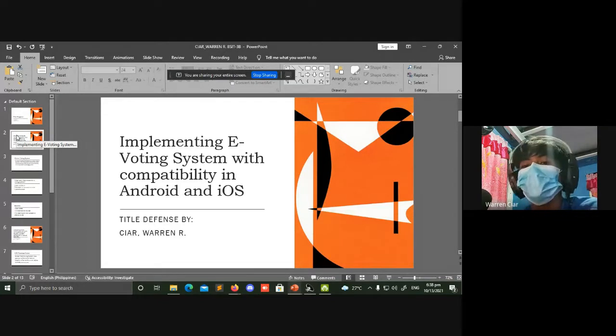So I came up with this study because this coming 2022 elections, we cannot guarantee the safety, and also we cannot control the average of people coming from their respective precinct to vote. So I implement this e-voting system to help and provide the security and safety of the voters.